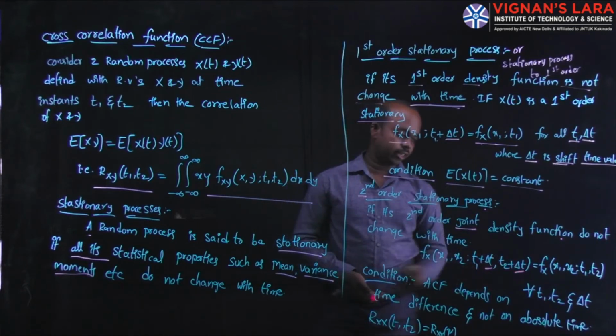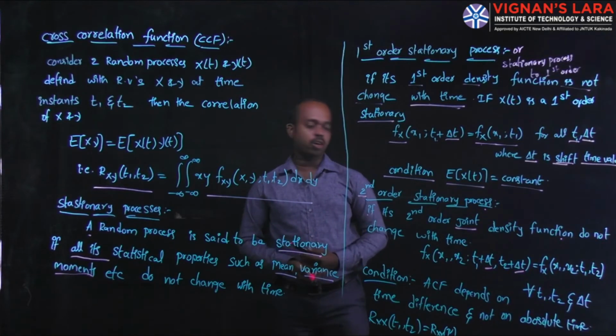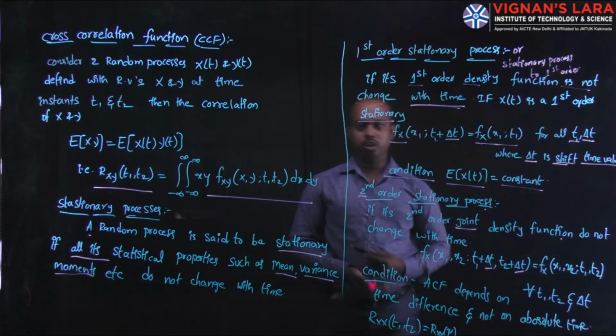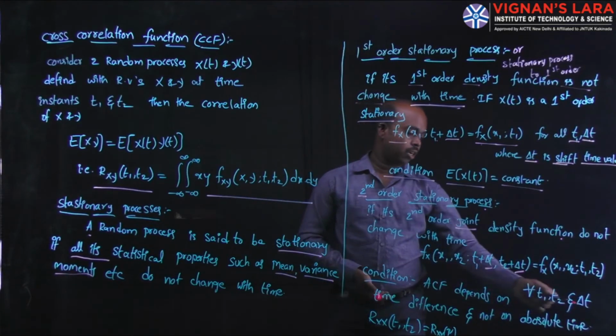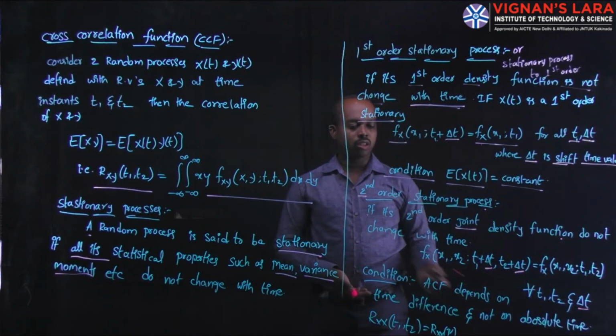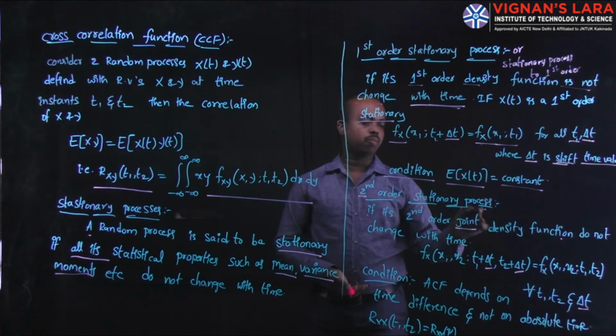This is equal to its normal joint density function fx of x1 comma x2 semicolon t1 comma t2 for all values of t1, t2 and delta t. Then you can call the function a second order stationary process.